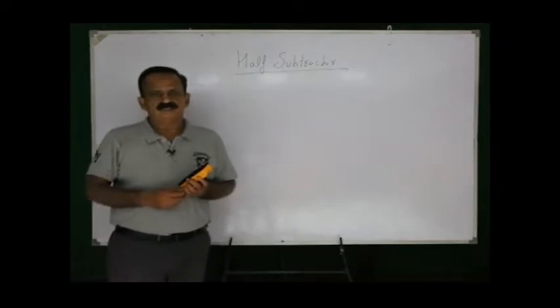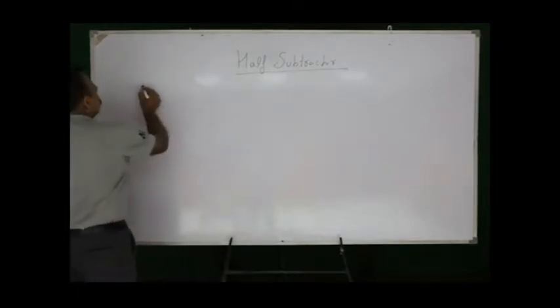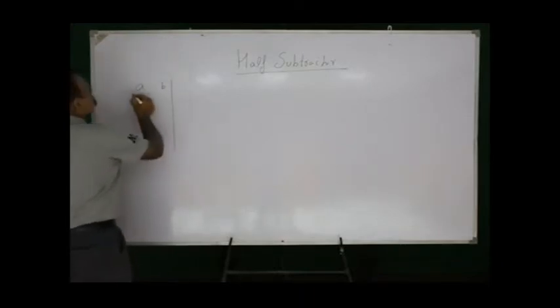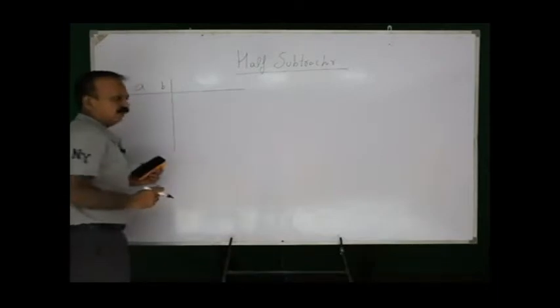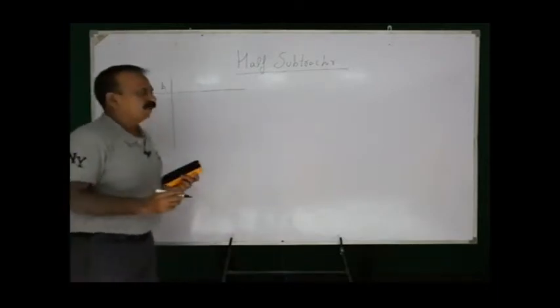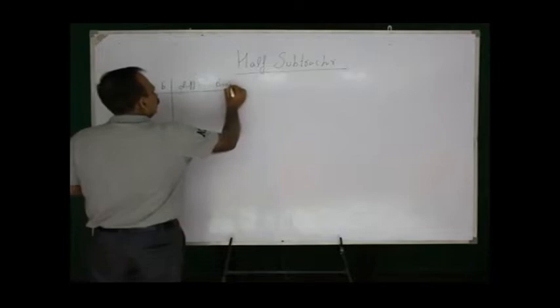Now in half subtractor 2 bits are used. So in the truth table we will be having A and B as the input, and we will be drawing this truth table for A minus B. Now there will be one output, difference, and another, borrow.